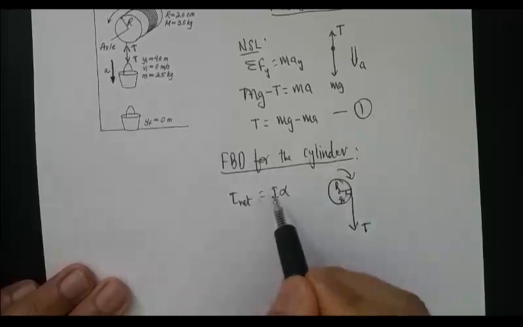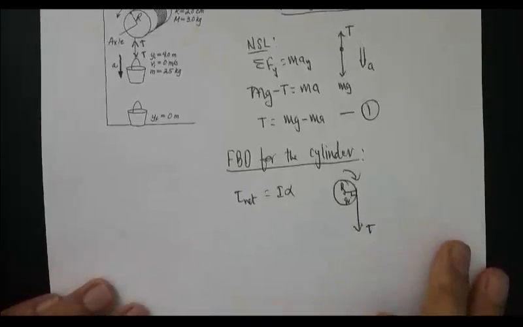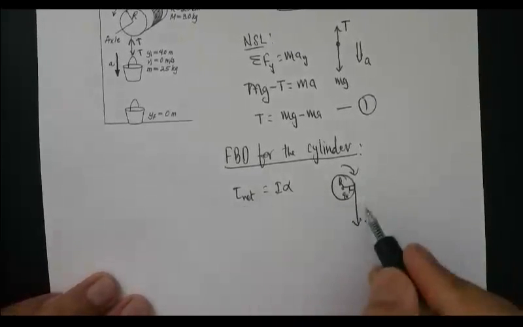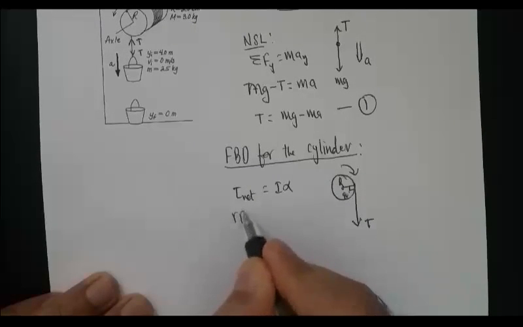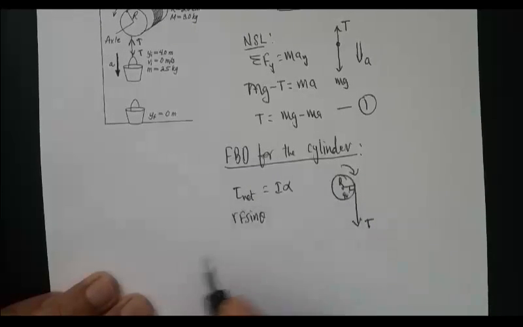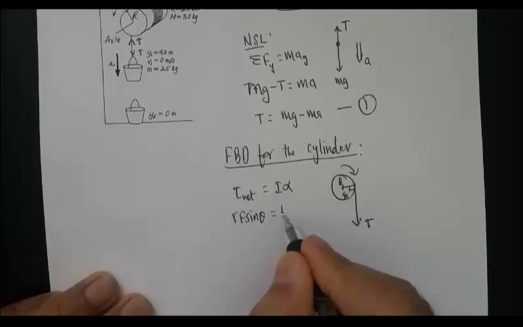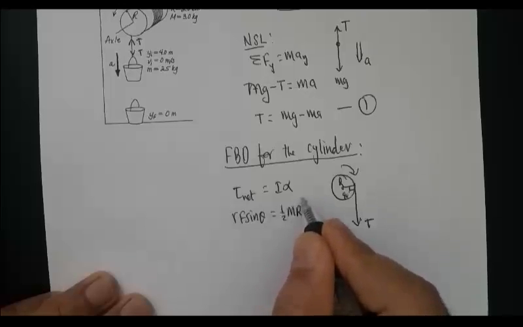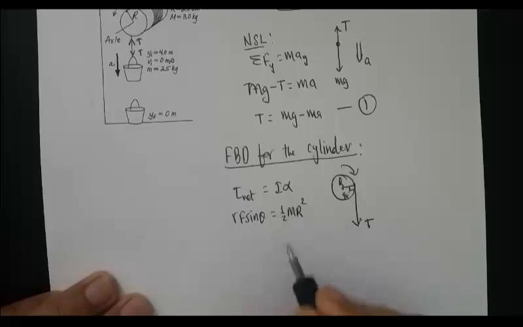I is the moment of inertia of the cylinder, which we know. The magnitude of the torque is always R F sine theta. I is 1/2 MR squared, which is the moment of inertia for a solid disk or solid cylinder. It's given on the formula sheet.